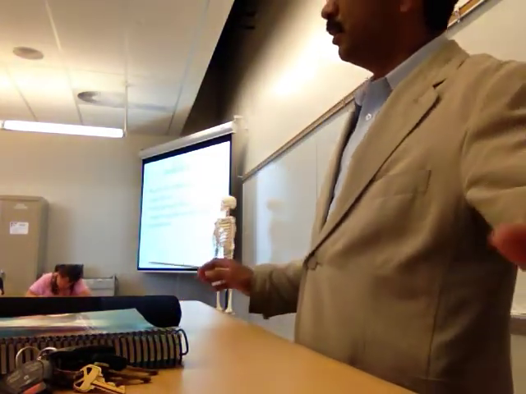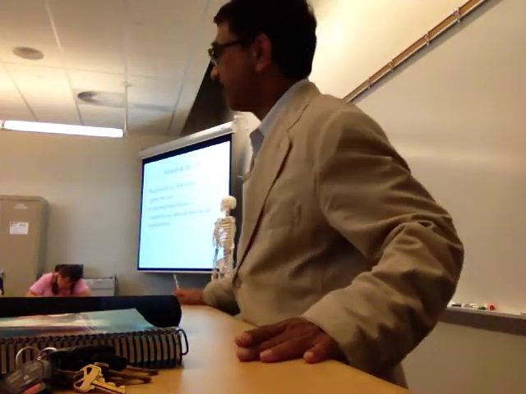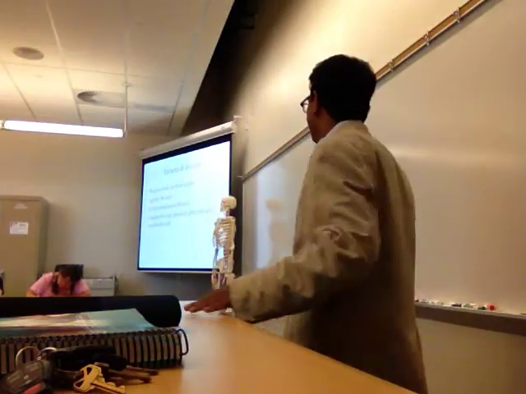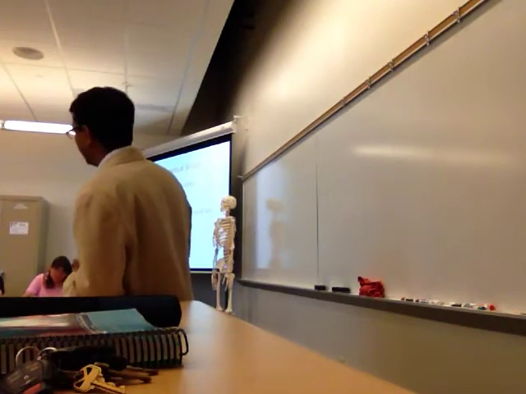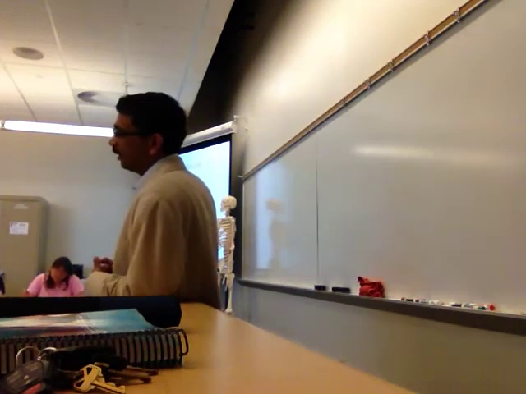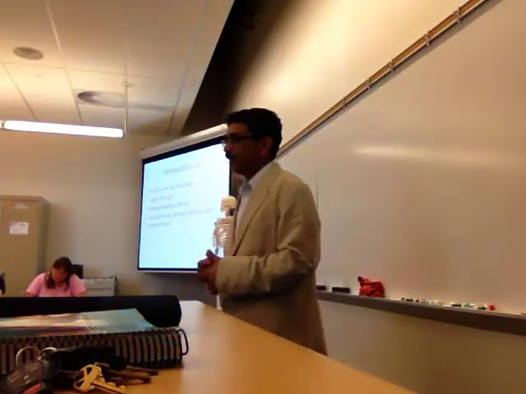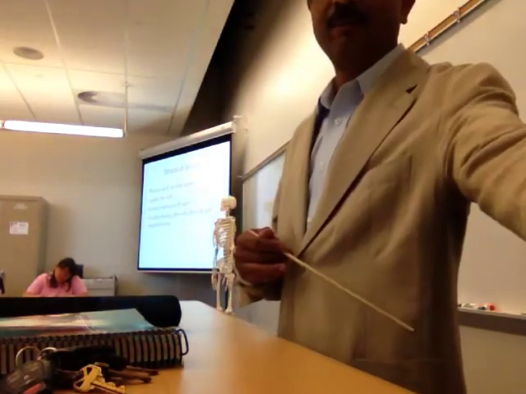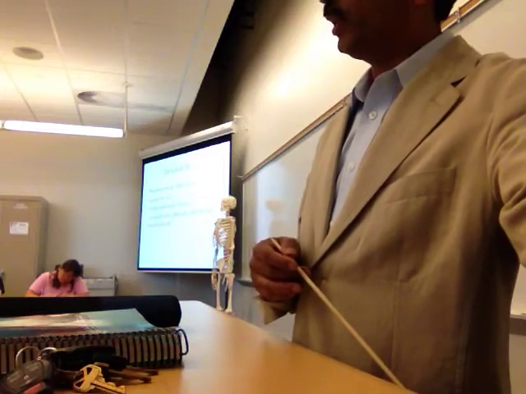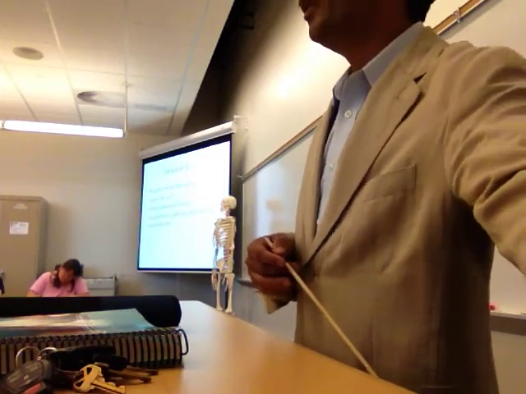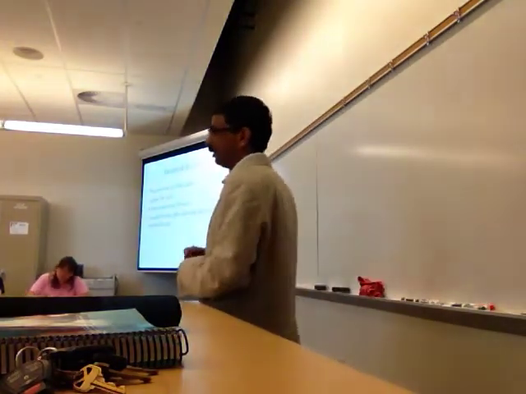What are the bones that have sinuses? We have sinus in the frontal bone, we have sinus in the sphenoid bone, in the ethmoid bone, and in the maxillary bone. And maxillary sinus is the largest one, as I have mentioned. In case of ethmoid, you have already seen those sinuses.